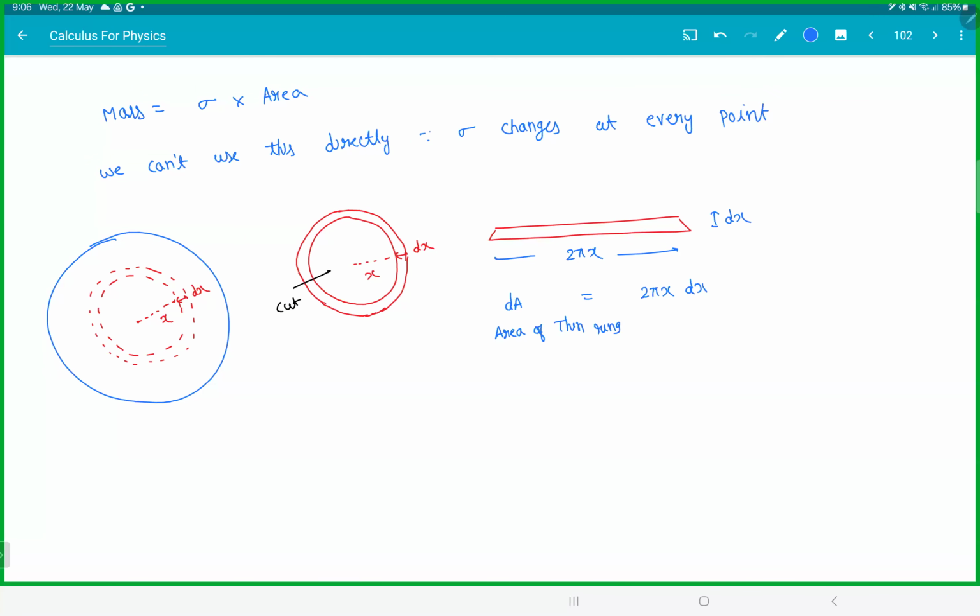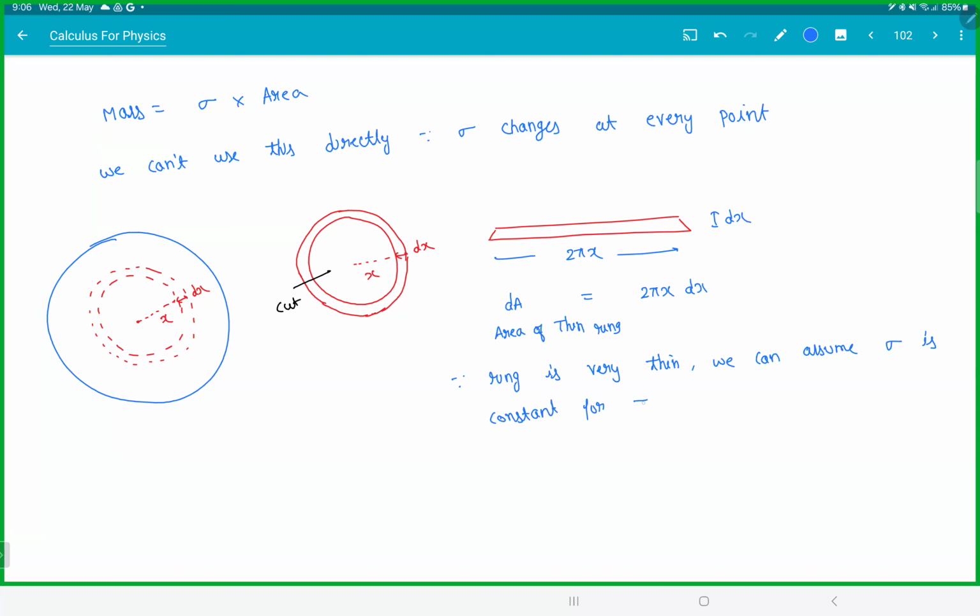Now look at this thing. Since the disk is so thin, I can assume almost sigma is constant, isn't it? Since the ring is so thin, we can almost assume sigma is constant for that thin ring.